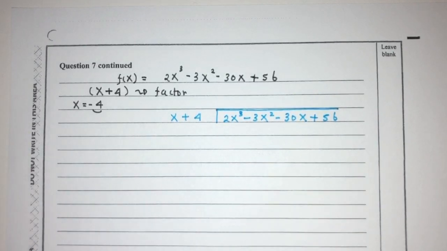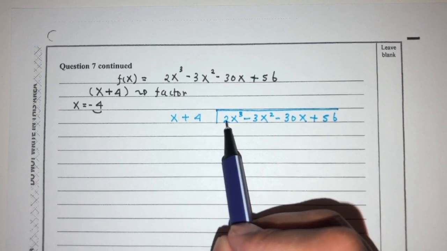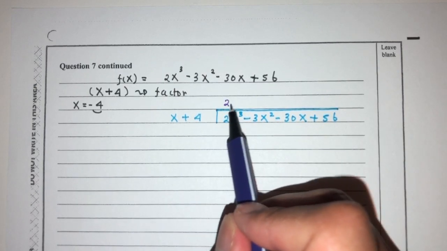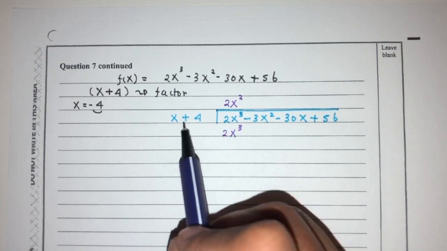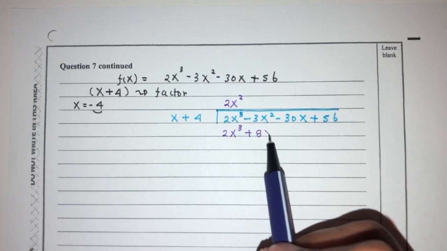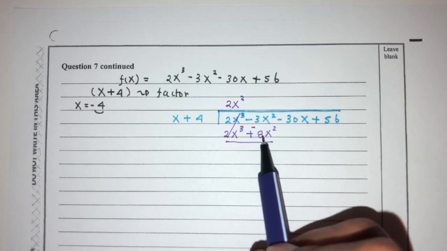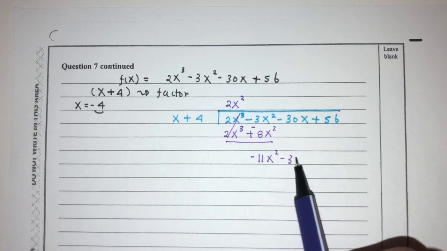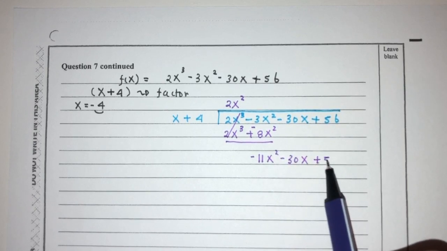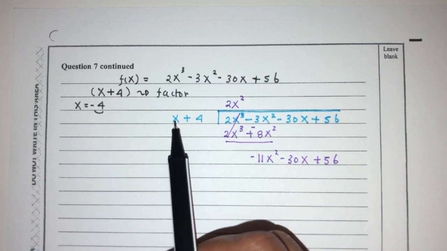First things first, how can you make x become 2x cubed? You have to multiply by 2x squared. Then you'll have 2x cubed plus 8x squared. This will go away. Now minus 3 minus 8 will be minus 11x squared, minus 30x plus 56. Moving on, how can you make x become minus 11x squared?